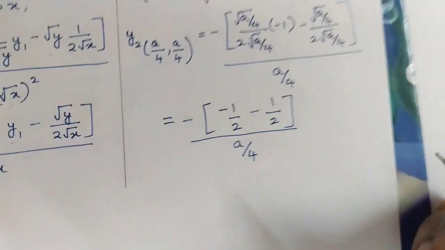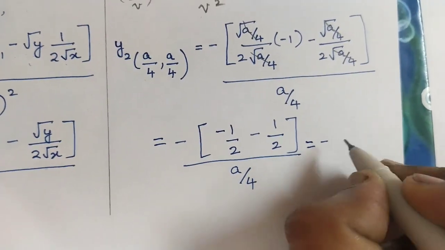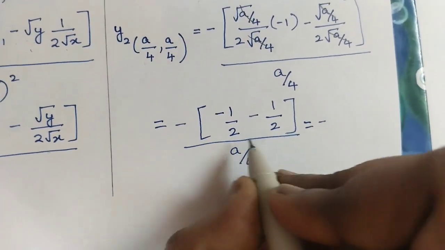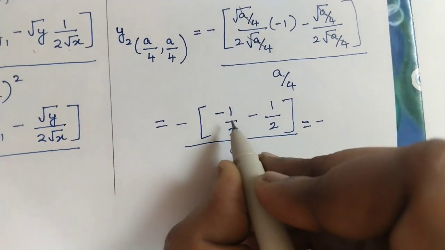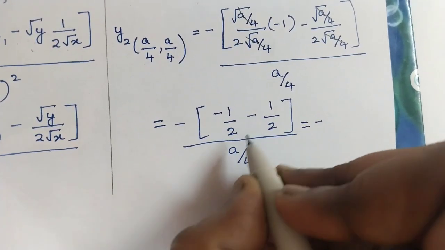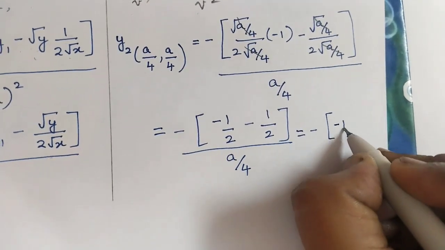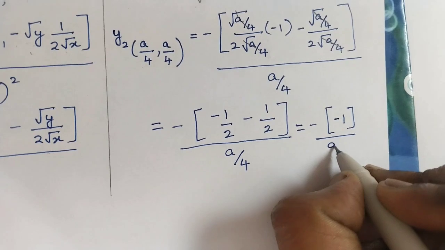Now this minus I'll keep just like that. When I'm taking LCM it will become minus 1 by 2, which will become minus 2 by 2, which will become minus 1 by a by 4.